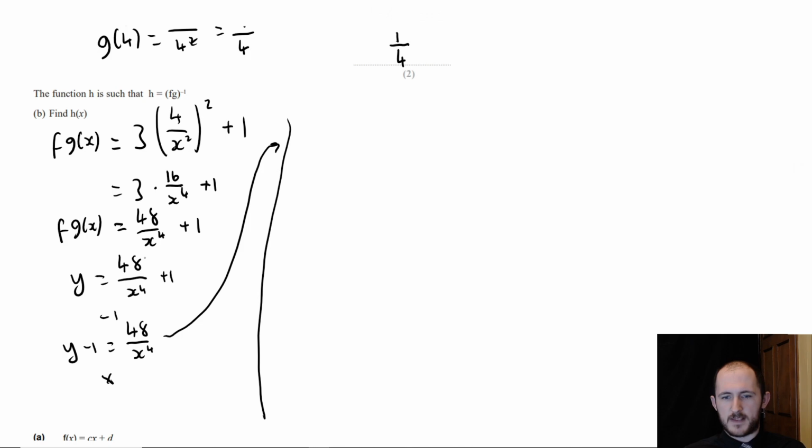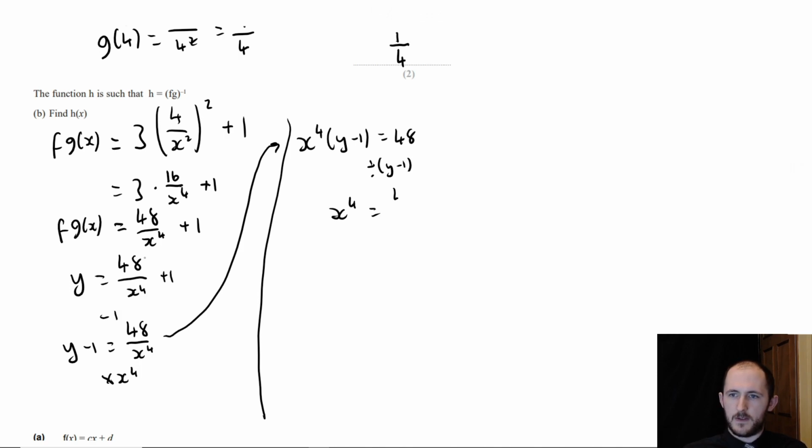Then I'm going to times both sides by x to the 4, briefly. I'm going to divide both sides by the bracket. We get x to the 4 equals 48 over y minus 1. And then you're taking the fourth root of both sides. So x is equal to the fourth root of 48 over y minus 1.